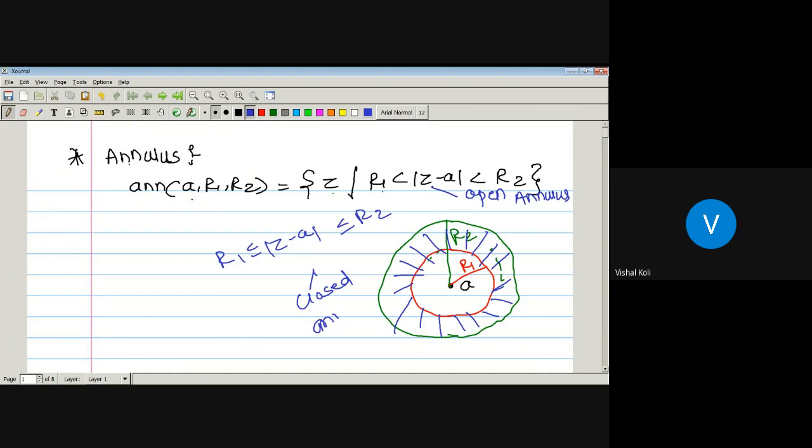It means in an open annulus, the boundary points are not included, that is, the points on the red line and also on the green line. In a closed annulus, the points on both lines are present. So this shaded portion is nothing but the annulus of A with radii R1 and R2.